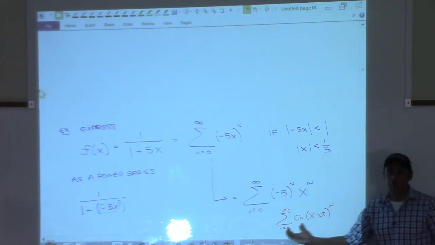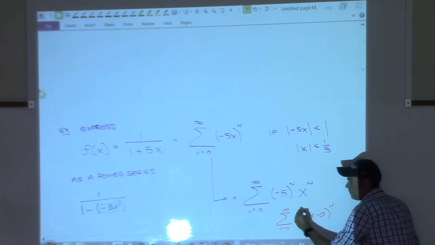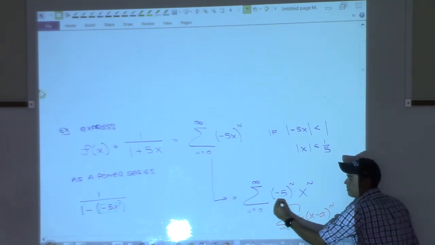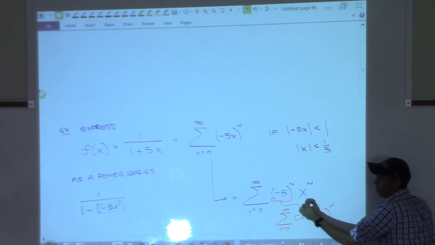That's your general form of a power series, right? So I've created the c sub n. What's the c sub n for us? That thing, right? And then this right here is that.